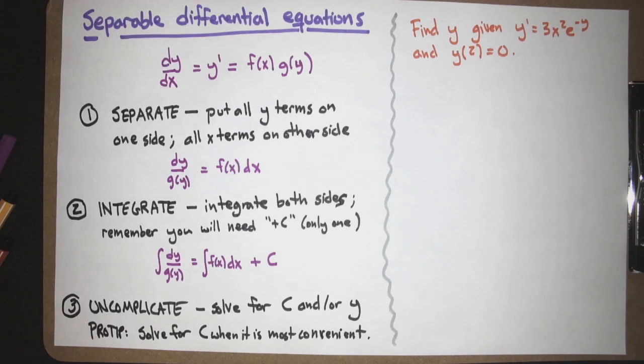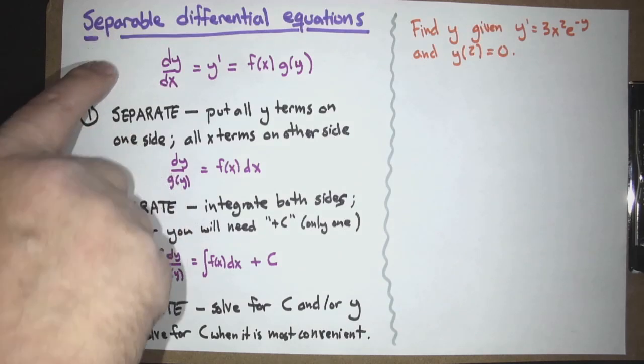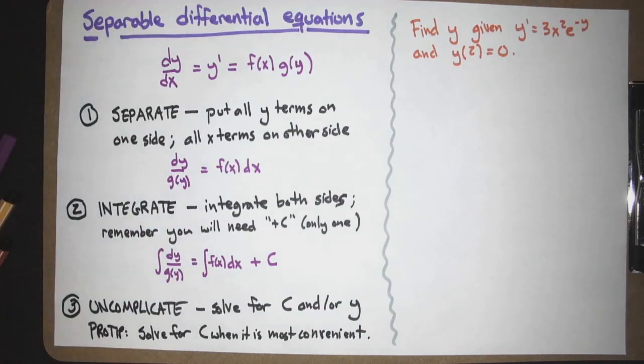Now, the name gives it away. When you see the word separable, what does that remind you of? Separate. So separable differential equations are differential equations where we have some ability to somehow separate something. Well, what we're going to be separating are variables.